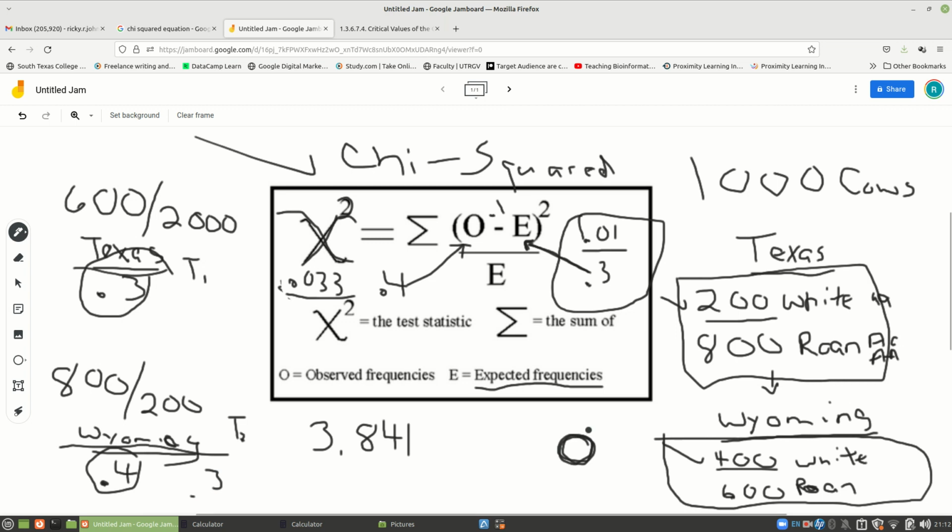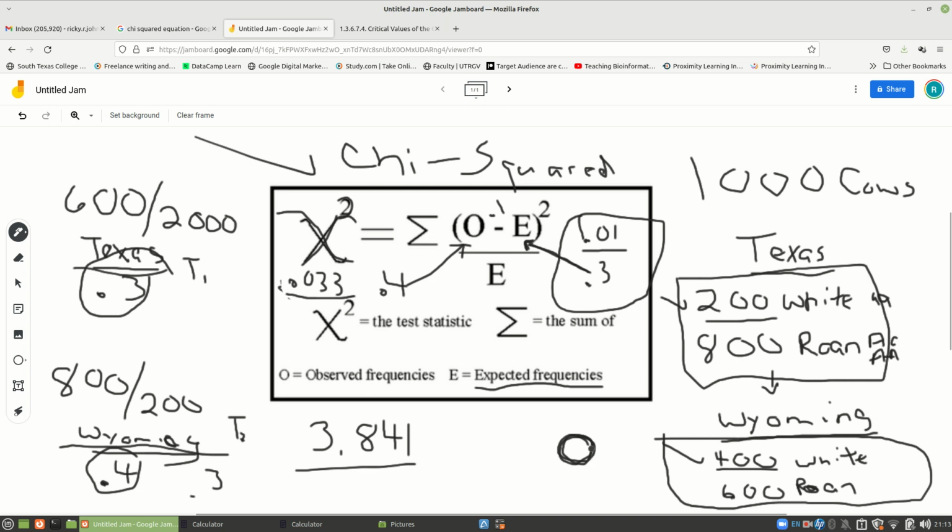And if it's 0, then there was no change, and obviously there has been no adaptation, no natural selection, because your numbers didn't change. But if they did change, even a little bit, you need to check to see if it's significant. And a change from 0.3 to 0.4 is obviously not significant. You only got 0.033, which is way below 3.841, a lot closer to 0.